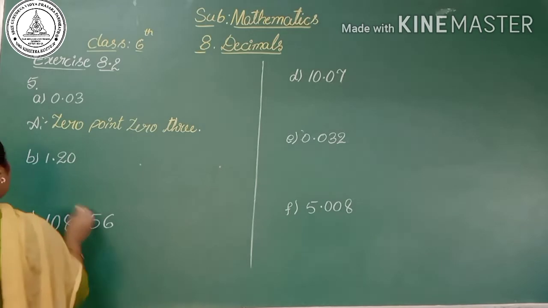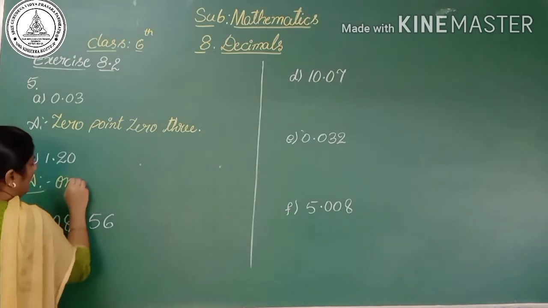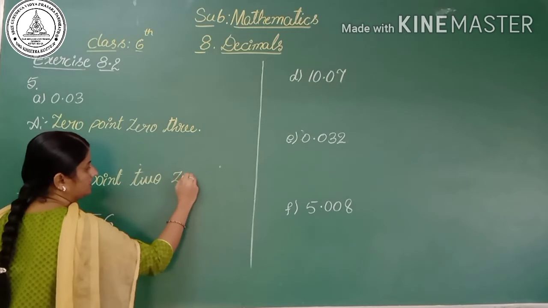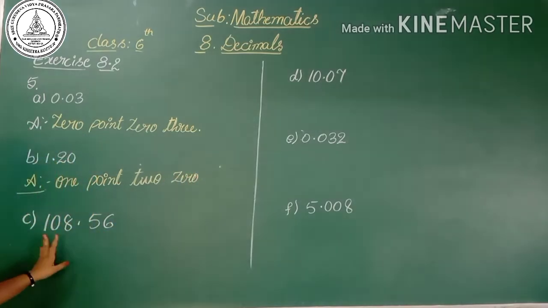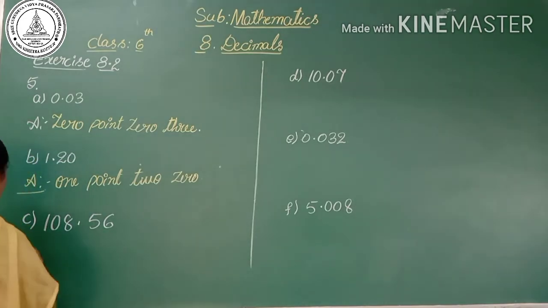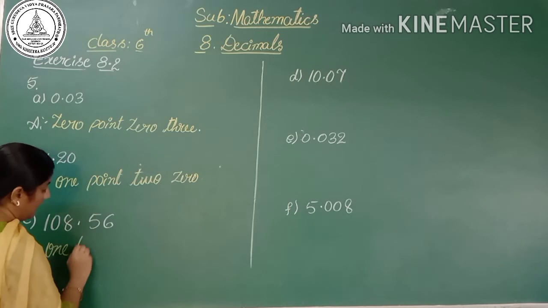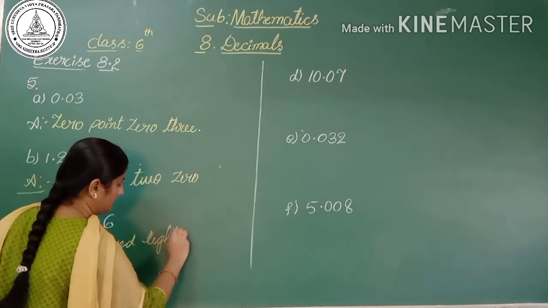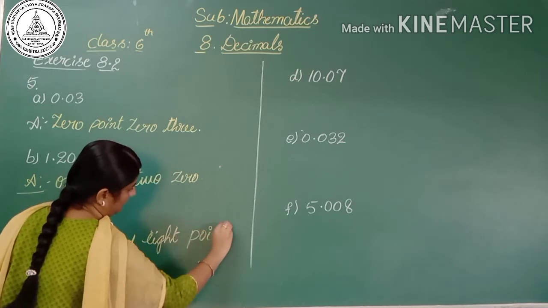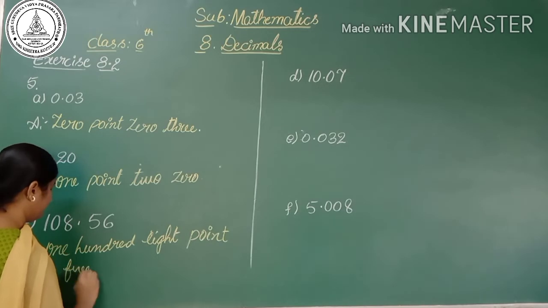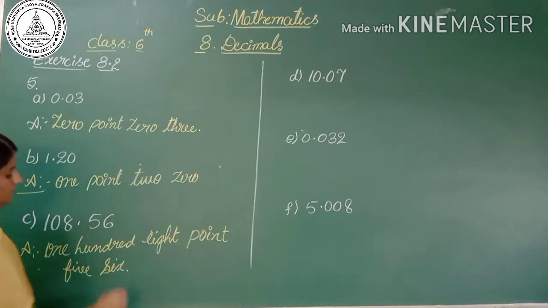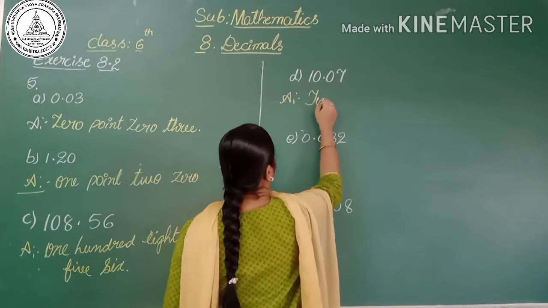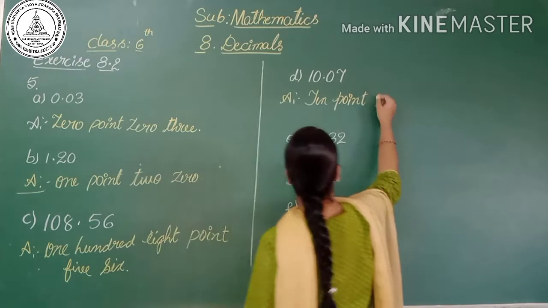Then the second one, 1.20. Then the third one, 108.56. Then D, 10.07.